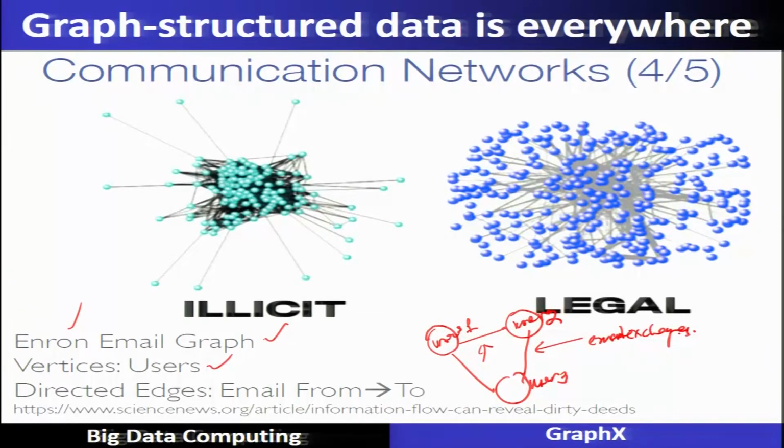So this will form the Enron email graph, wherein the vertices are the users who have exchanged the mails, and the edges are the set of users who have communicated through the mail.